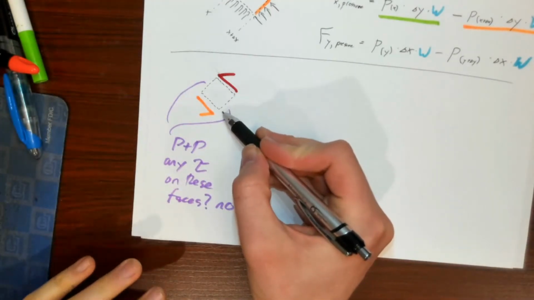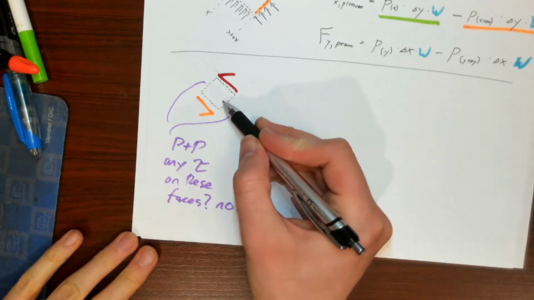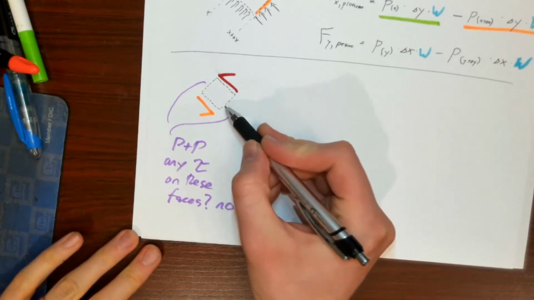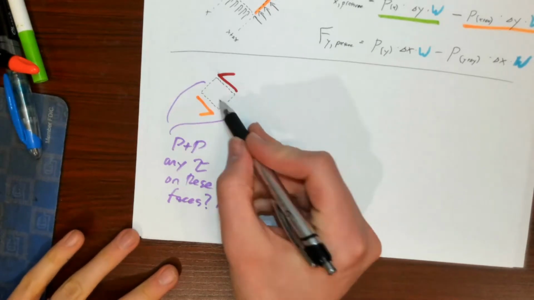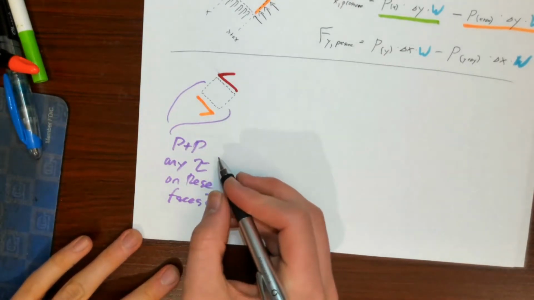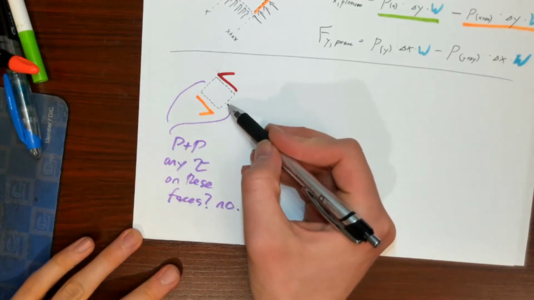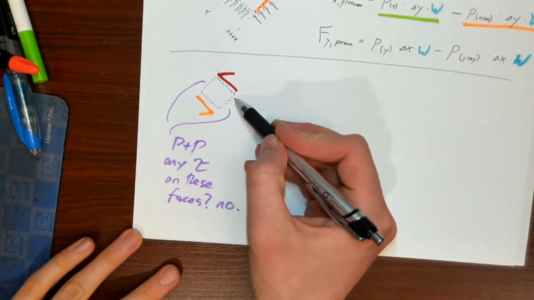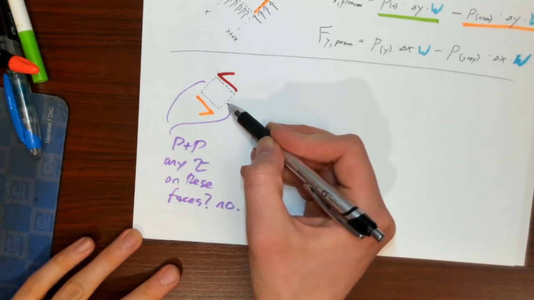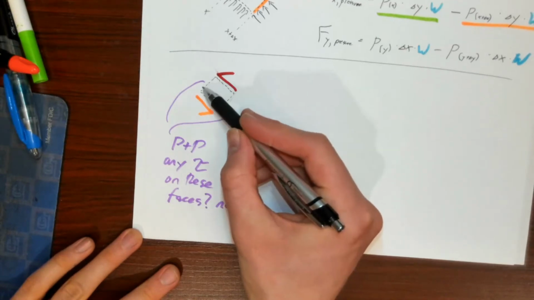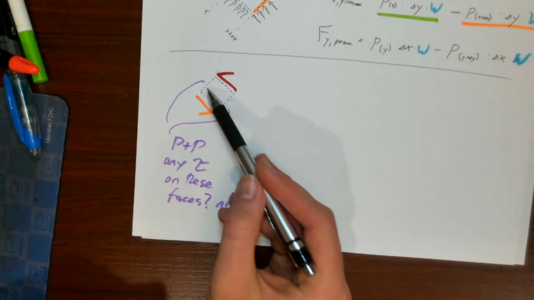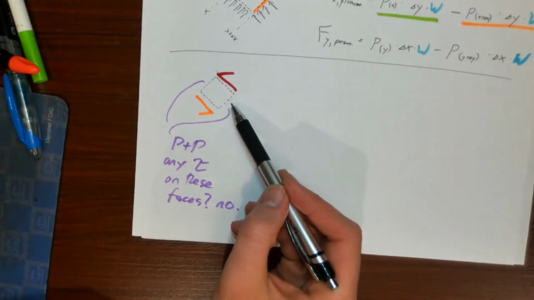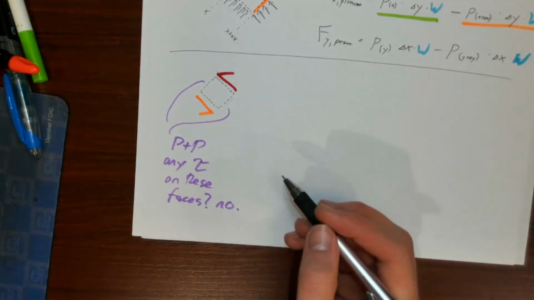So we would need a y velocity that varied with x in order to have shear stress on these faces. So we don't even have a y velocity at all. We would need fast fluid here and slower fluid here in order to get shear stress on this face, and similarly on this face as well, right? So there's not even any velocity moving in this direction, so we can't have any shear stress on these two faces. So what does this mean?